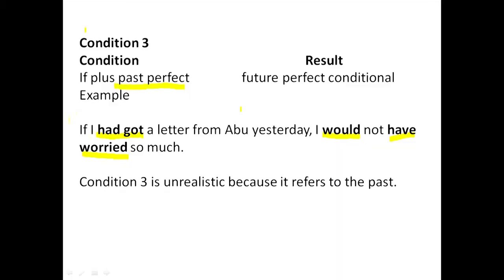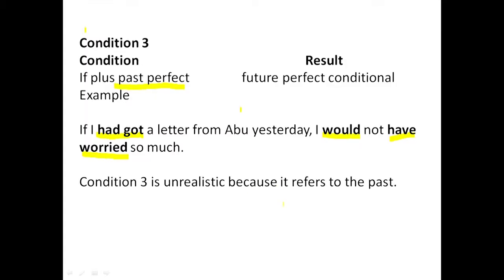So under the condition for condition 3, okay, the term we of course require will be what? In fact, the past perfect. For the consequent clause, the aspect is what? The future perfect conditional: the would and have and any other element of the verb. That is the structure.